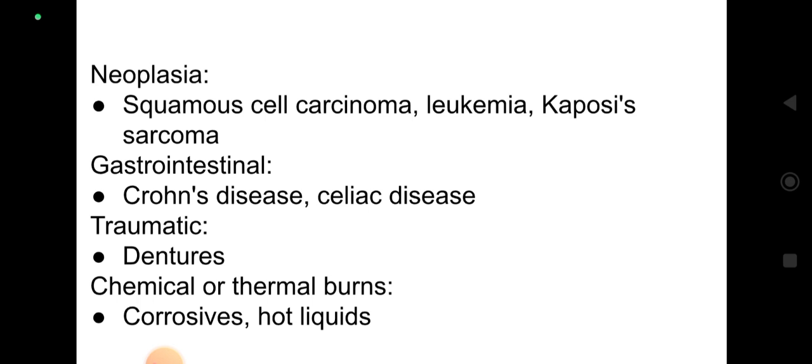Neoplasia like squamous cell carcinoma, leukemia, Kaposi sarcoma, and gastrointestinal diseases like Crohn's disease and celiac disease. Trauma due to dentures and corrosive and hot liquids can cause oral ulcers.